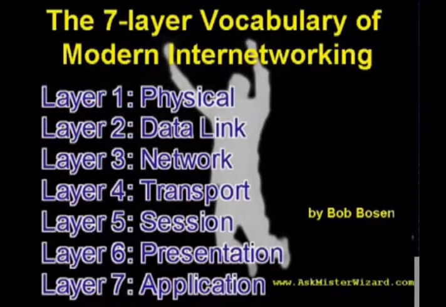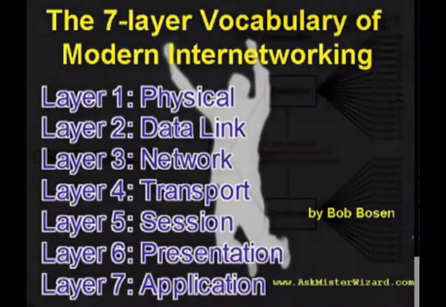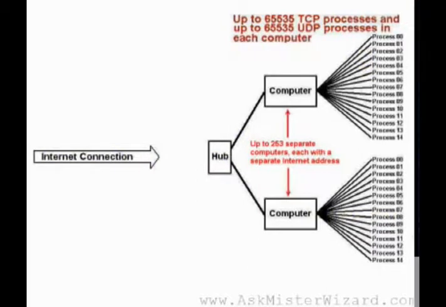If you've seen our OSI 7-layer vocabulary of modern internetworking movie here on AskMisterWizard.com, then you also know that Layer 4 of this architecture makes provision to address many, many different applications or services inside each computer. Internet addressing commonly makes provision for selecting from among up to 65,535 TCP processes and up to 65,535 UDP-style processes for networking within each computer.